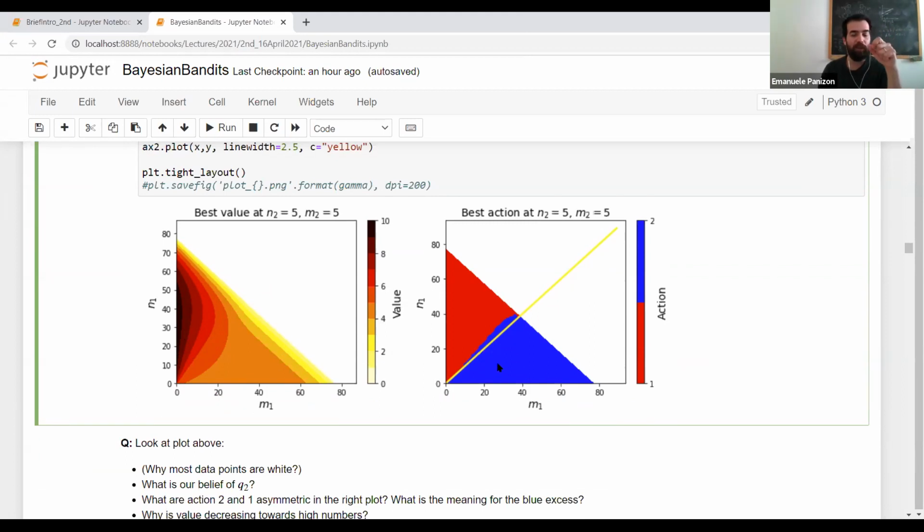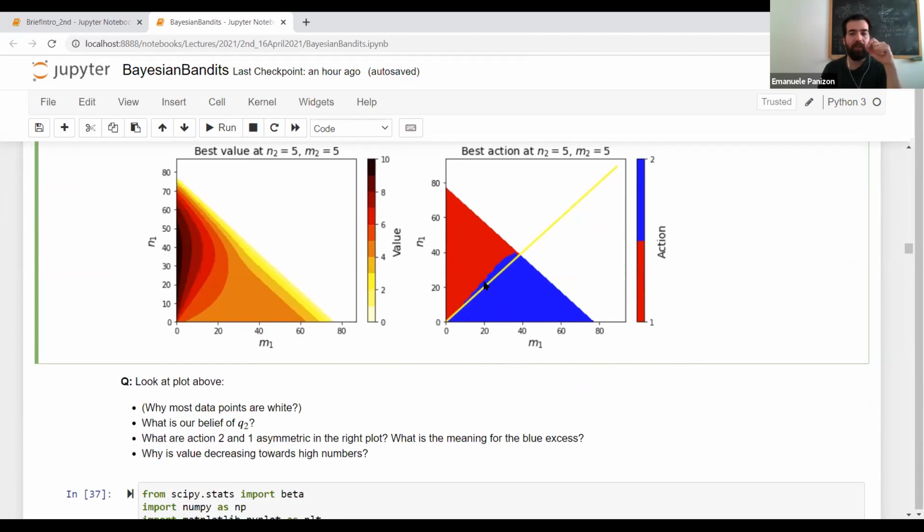But this is less important information. What I wanted you to focus on is this figure here, which I find very interesting. This is the best action to take. I plotted the yellow line, which is the diagonal line. Every belief above the diagonal line says that my current belief is that arm 1 is better than arm 2, because the maximum probability in the belief of arm 2 is 0.5.